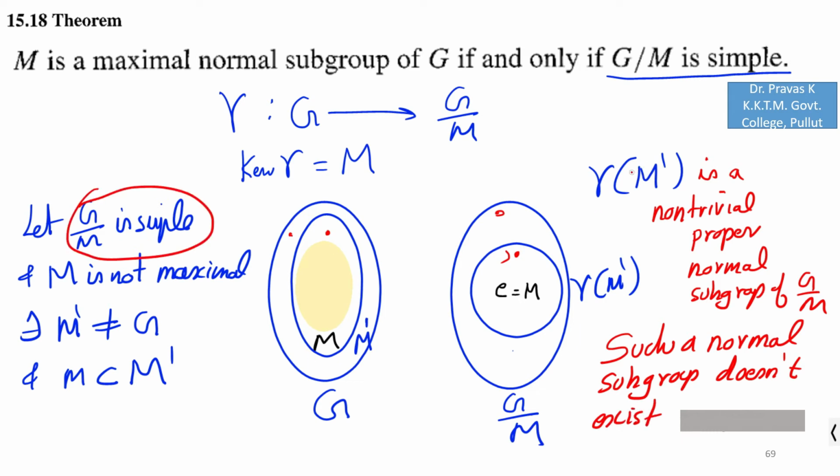So our assumption that M is not maximal is wrong. So M should be a maximal normal subgroup of G.